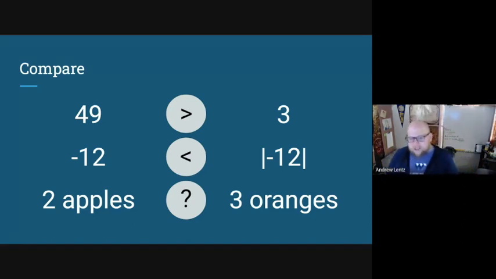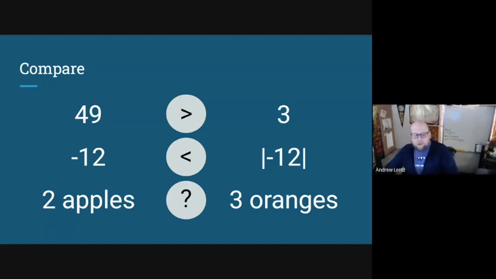But what do we do in situations where we're comparing 2 apples and 3 oranges? Do our grouping symbols work? What do you think? Type in chat. How do we compare 2 apples and 3 oranges? Josue says 2 apples is greater than 3 oranges.